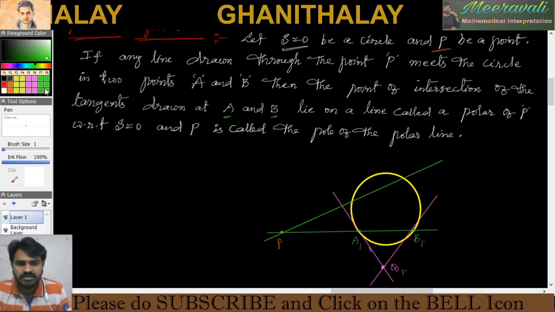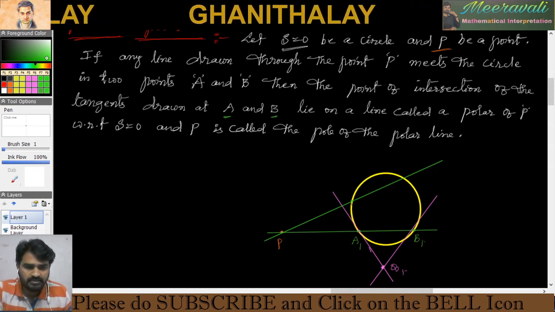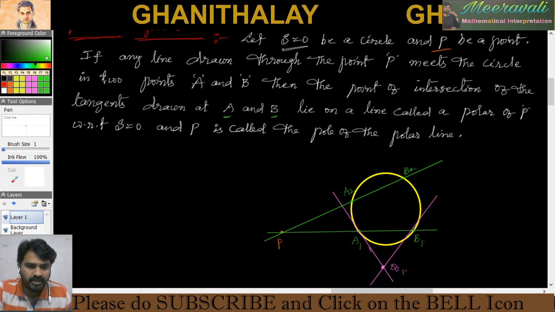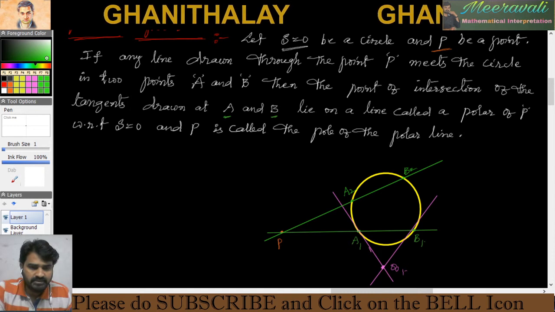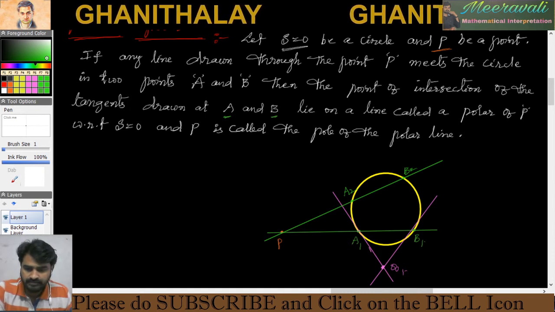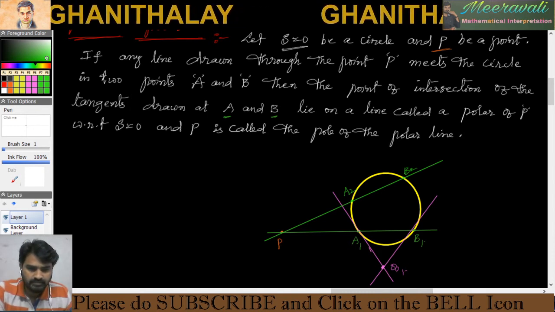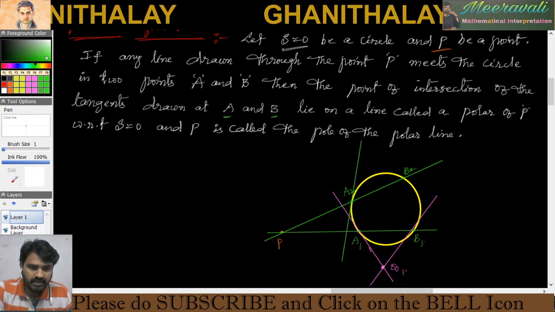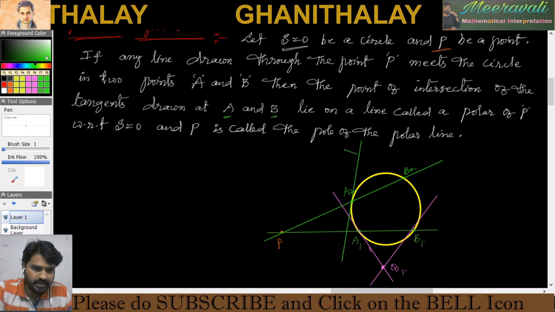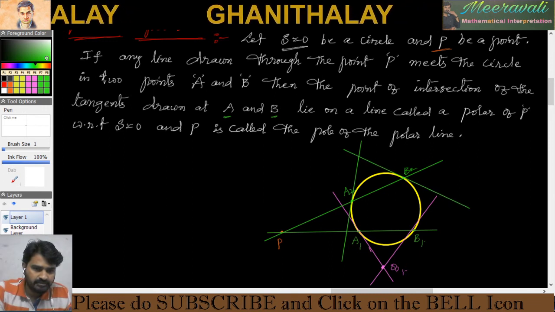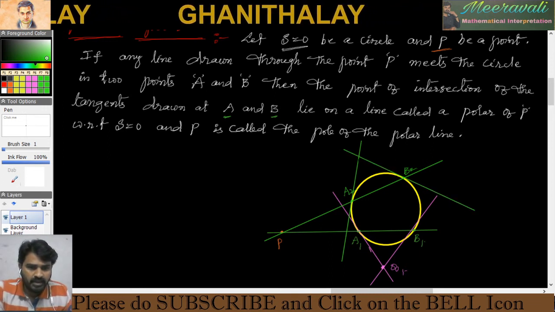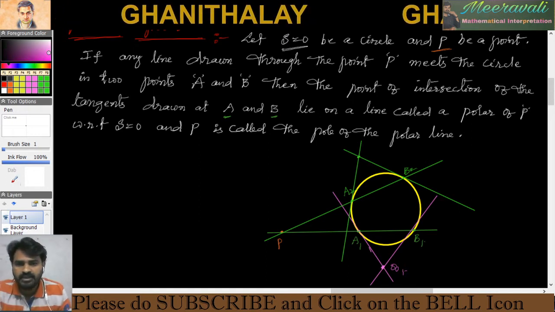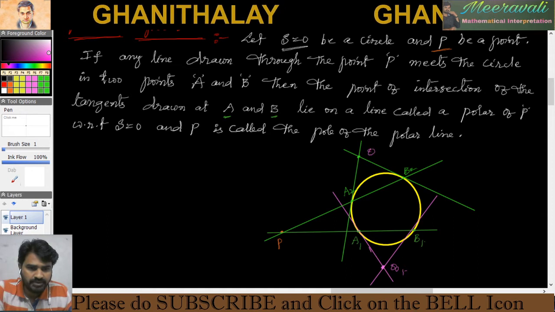Suppose it meets the circle in 2 points, let A2 and B2. In the same process, you draw the tangent at A2 and the tangent at B2. Now you get another point of intersection, let it be Q2.